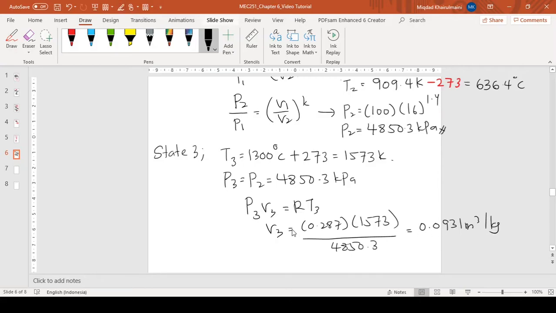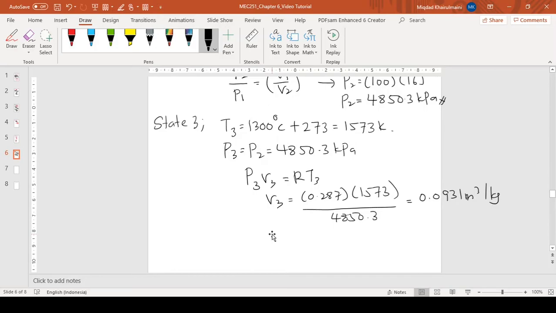Why do we have to calculate the specific volume at state 3? Because we have to know the cut-off ratio. The cut-off ratio, rc, is equal to the specific volume at state 3 over the specific volume at state 2.